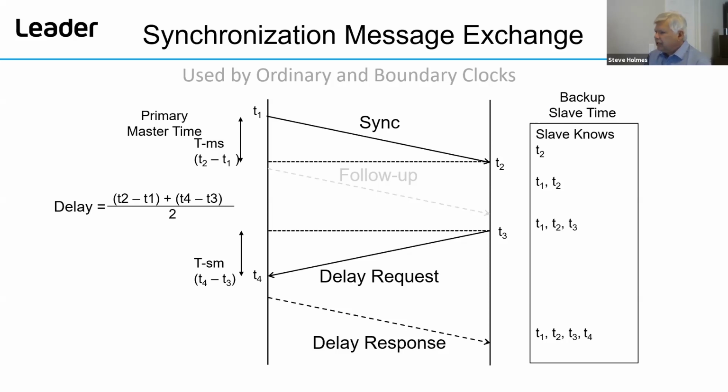Once he receives the sync message, he knows what the Grandmaster's time is relative to his time. He is going to send out a delay request, which sends his time back to the Grandmaster. When the Grandmaster receives the delay request, he sends out a delay response, which is his time again.